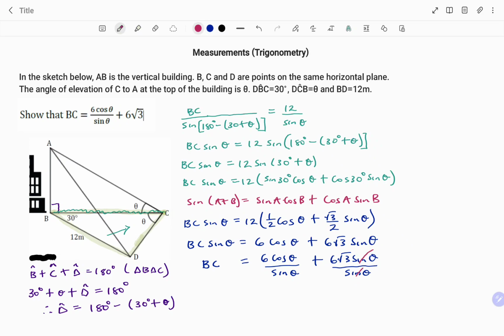Sine theta divided by sine theta cancels, so the value of my BC equals 6 cos theta over sine theta plus 6 root 3, which is the same as what we have in our question.